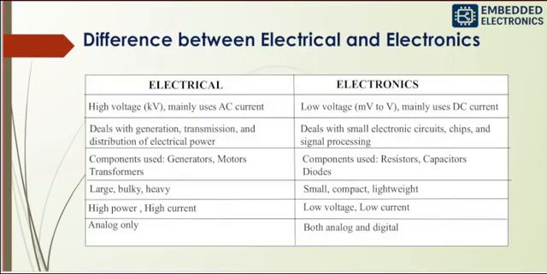Let's see the difference. In electrical, we mainly use AC current, but electronics uses DC current. Electrical deals with generation, transmission and distribution of electrical power, but electronics deals with small electronic circuits, chips and signal processing. The components used in electrical are generators, motors, transformers.